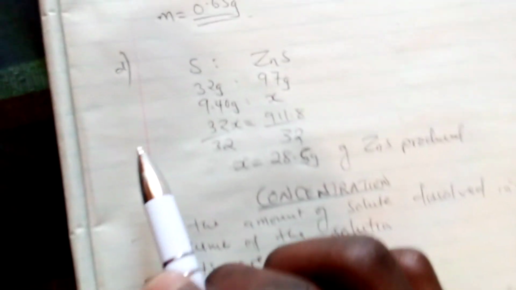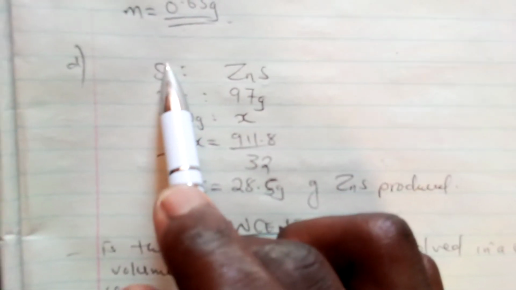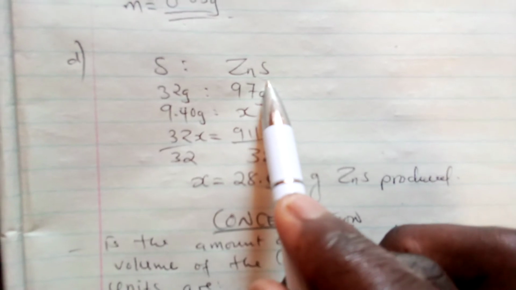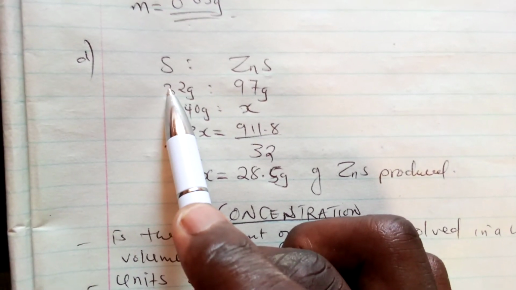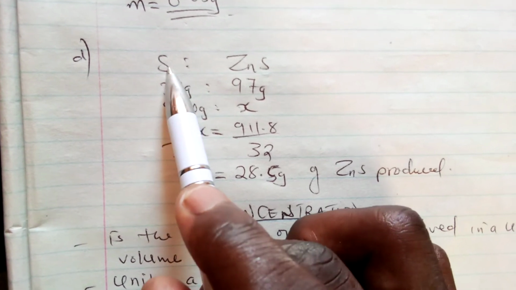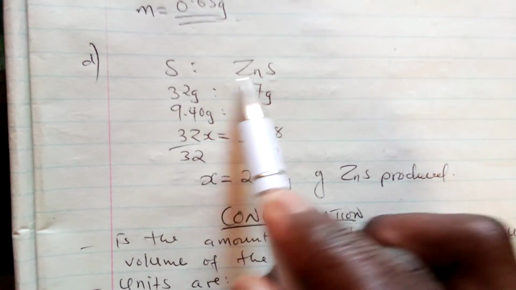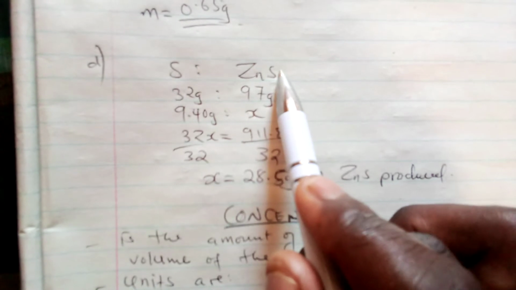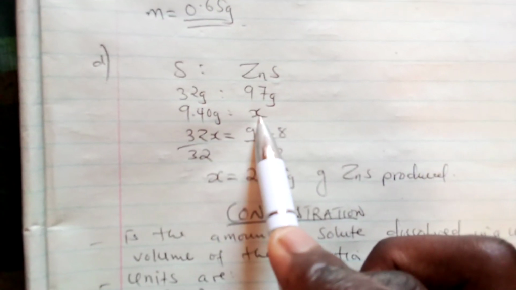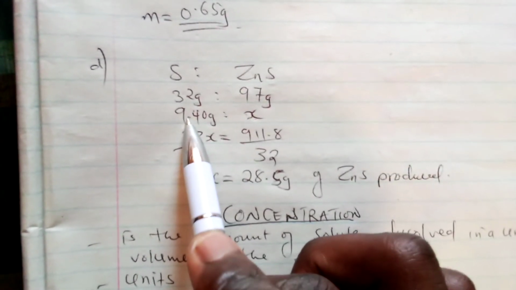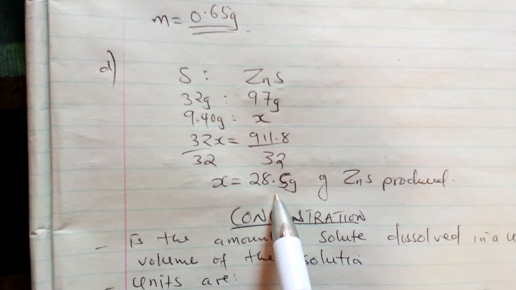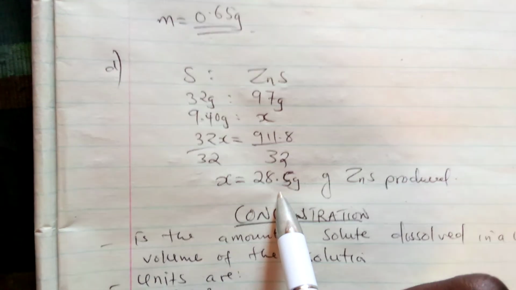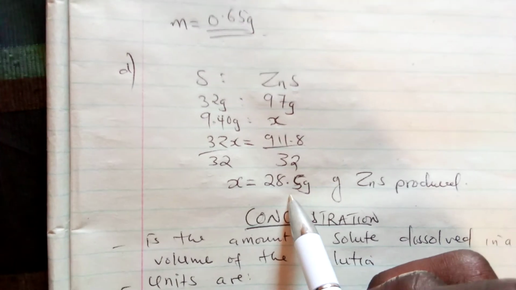So you write the ratio. The ratio is going to be between sulfur and zinc sulfide. When you check the molar mass, it is going to be 32 for sulfur. Then for zinc sulfide, zinc 65 plus 32, you get 97. Then 9.4 is what we were given, and the unknown is X. Then what we find is 28.5 grams of zinc sulfide produced.